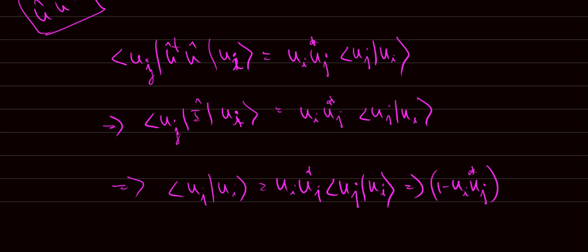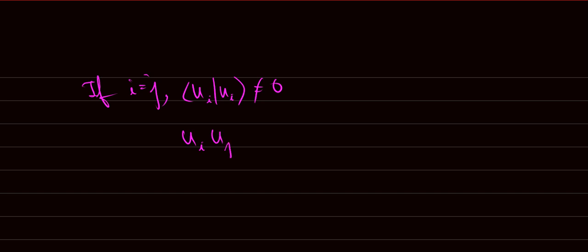You can write equal to 0. Now if i equals j, this simply gives us 1, and if i is not j, then the inner product of u_i and u_j is 0.